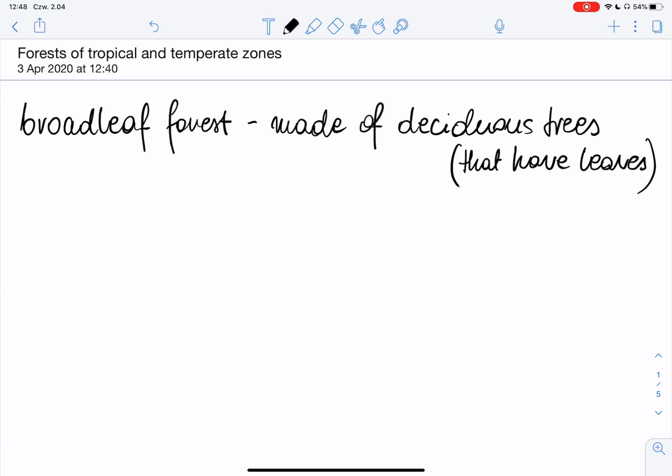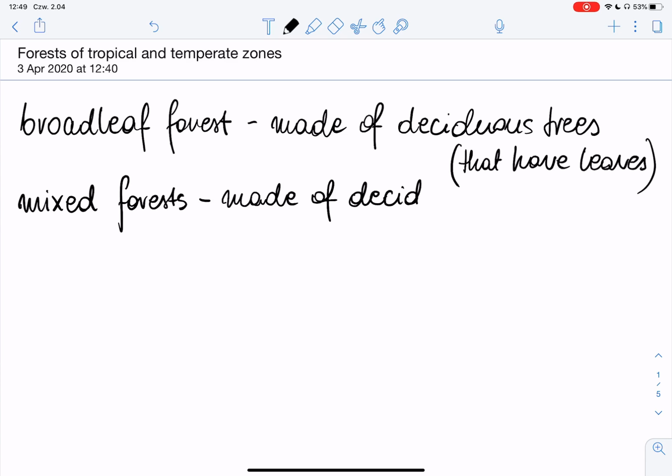We also have mixed forests. So they are made of deciduous and conifer trees.